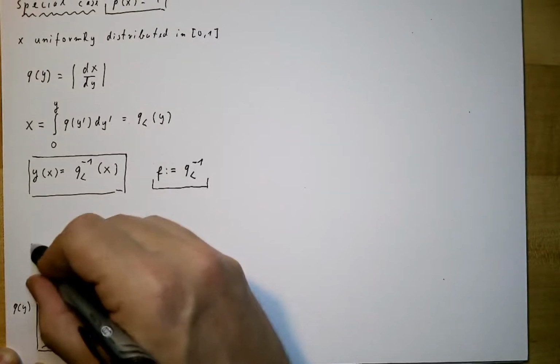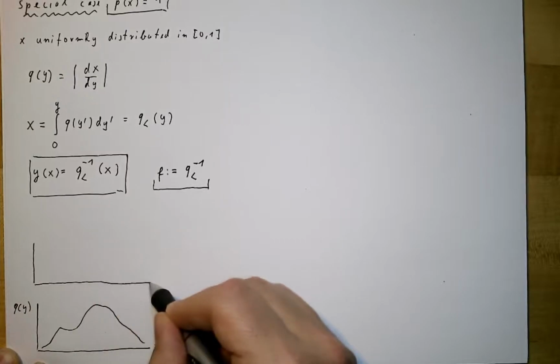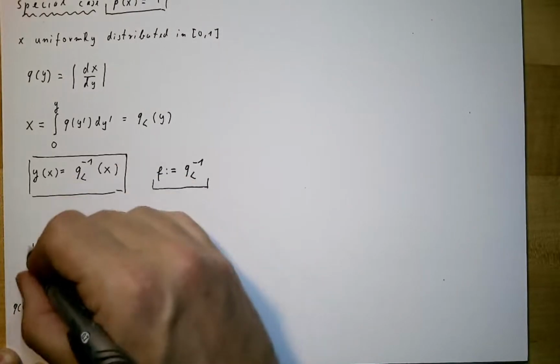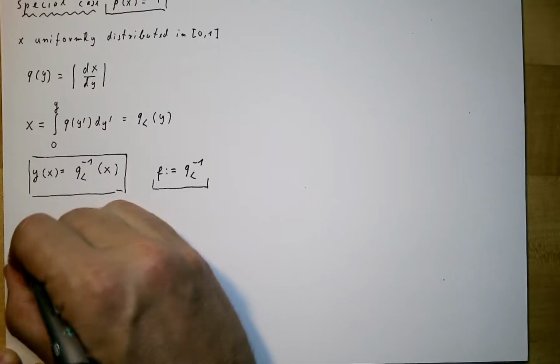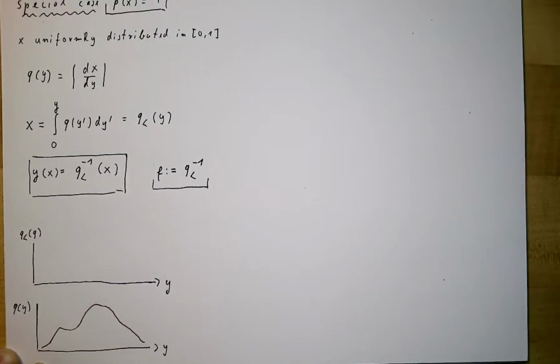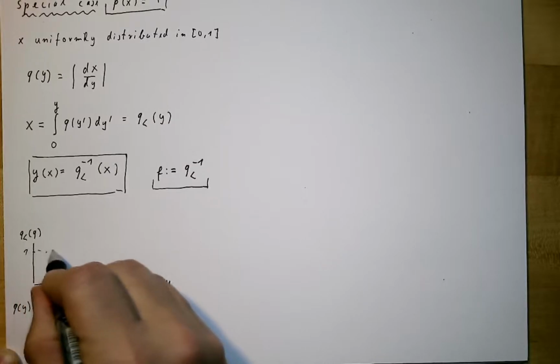And let's here also, over y, make a sketch of our cumulative distribution, capital Q of y, which ranges between 0 and 1.